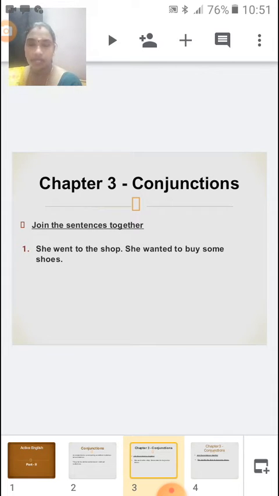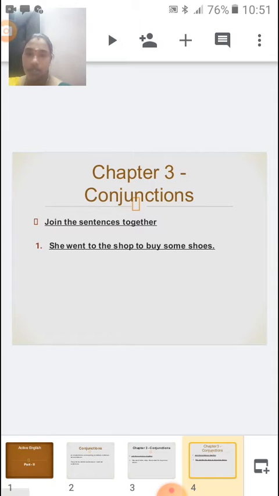How are you going to connect these two sentences using a conjunction? You can write it this way: She went to the shop to buy some shoes.